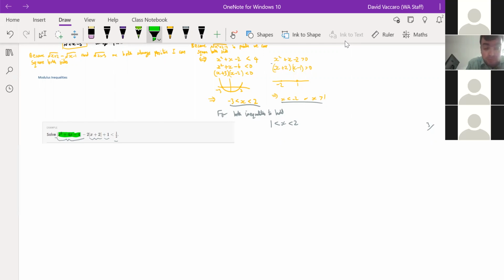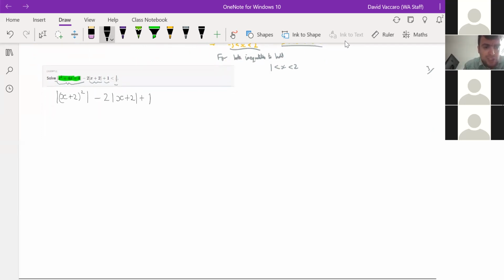Okay, so before we do any algebra, let's just notice that x squared plus 4x plus 4 is x plus 2 squared. Okay, now question, and I'll put this into the chat.